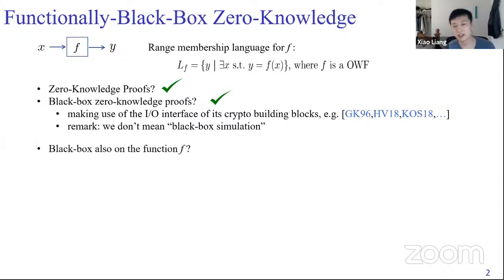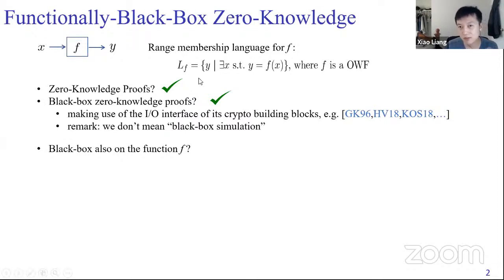Now let us ask a more ambitious question. Can we have a construction that makes black box access also to this given one-way function f? We know that general purpose ZK can be based on black box access to one-way functions. Now this language is also a language based on a one-way function in a black box way.